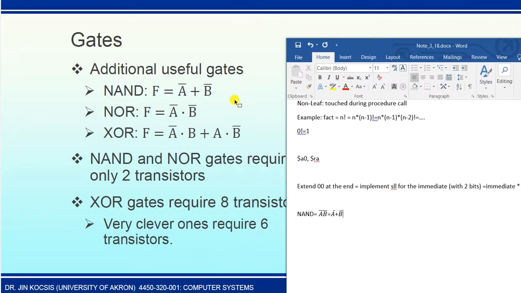That is how you can get this one. Similarly, not or is equal to A not, B not, and implement and.